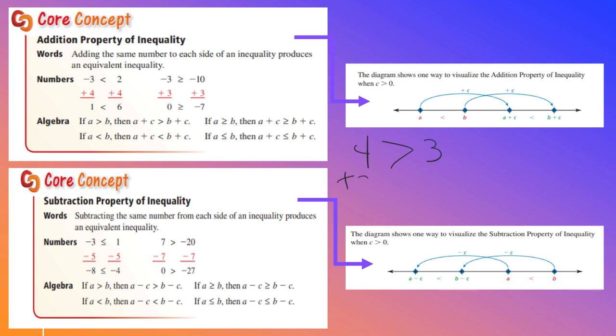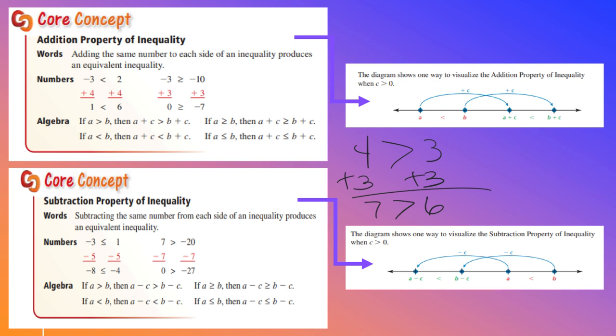If I add 3 here, 3 is my C, correct? 3 is going to be my C. 7 is greater than 6. The statement still is true, right? What did I do? I added the same number to both sides, and the statement is still true. So what you do to one side, you have to do to the other side. Always remember that. So even though I have the statement 4 is greater than 3, by adding 3 to each side, the statement is still true.